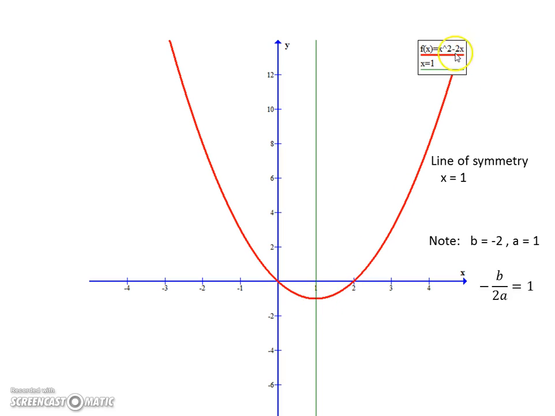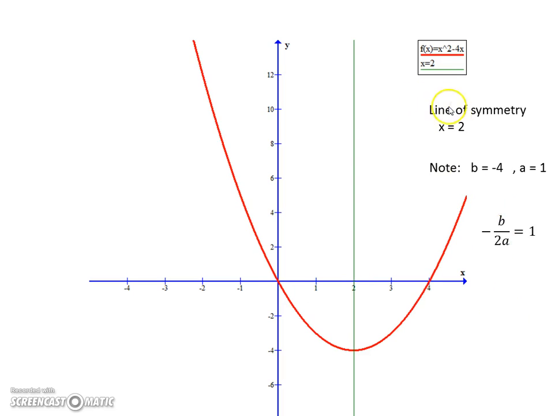Now, you notice b is negative 2 and a is 1. Just so you know, negative b over 2a equals 1. x equals 1. Interesting.